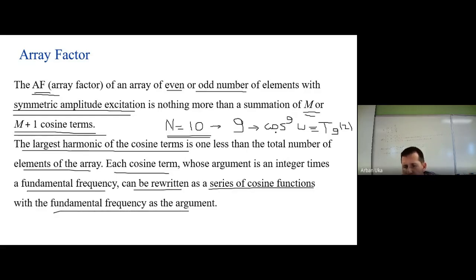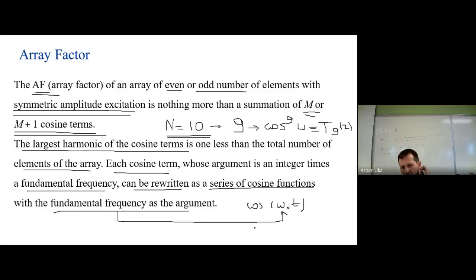So what we observe here is the largest harmonic of the cosine terms, so let's assume it like this. The fundamental frequency will be cosine omega 0 t. So let's assume this is the fundamental frequency, omega 0.